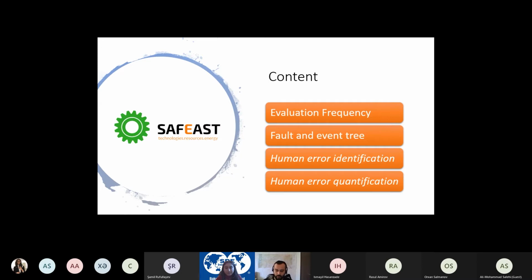And in the second part of the presentation, if we have time, and I guess we will, we will touch on human error identification and quantification, because human error quantification and identification is also one of the main parts of likelihood analysis. So the first part is about evaluating frequency, fault and event trees, and the second part will be about human error and some techniques to quantify it.